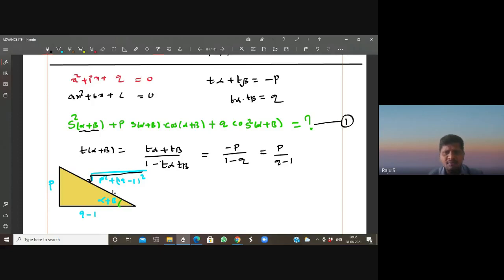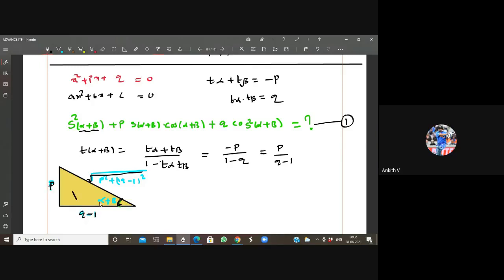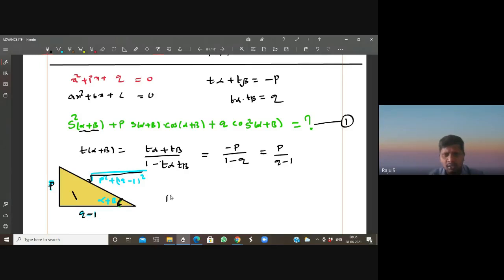With the help of this, can we write all these values? We can easily write. Now substitute here. Sine square, what is sine theta? Opposite by hypotenuse. So I write p square by p square plus q minus 1 the whole square.